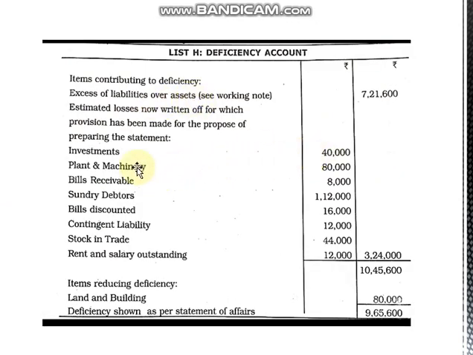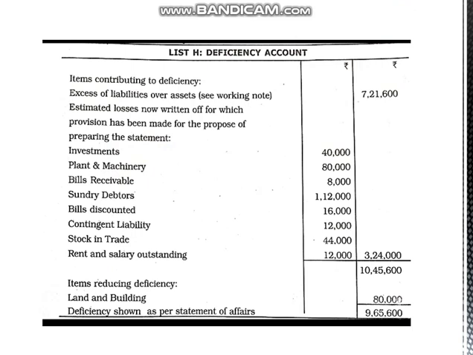And taking plant and machinery, bills receivable, sundry debtors, bills discounted, contingent liability, stock in trade, rent and salary outstanding. I'm not going to explain each and everything. You need to understand one thing, that here the items which have a deficiency are calculated first, which has increased the value of deficiency.